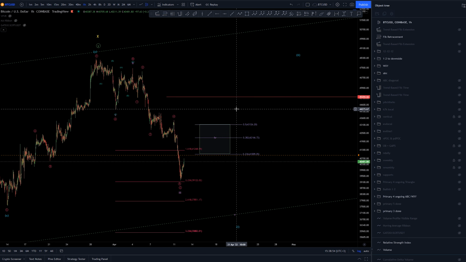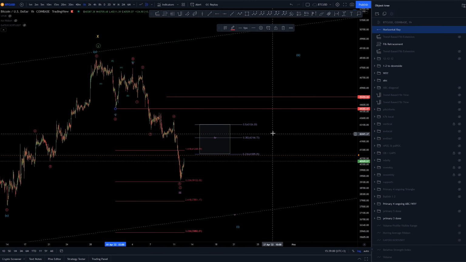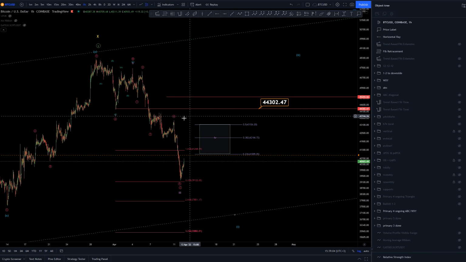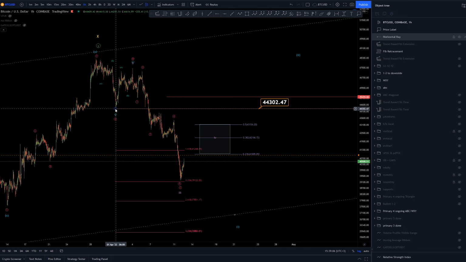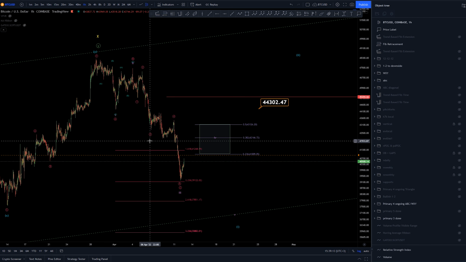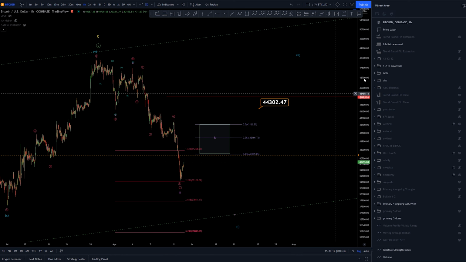Obviously if we go higher and just manage to shoot up, the invalidation for this count is around 44.3k. At this point wave 4 would be overlapping with wave 1 and invalidate this count. However, in that place we still could have that wave 4 wave 5 already done on a larger degree that I showed you before.